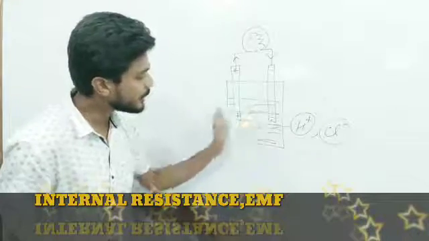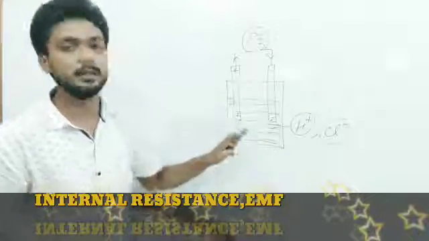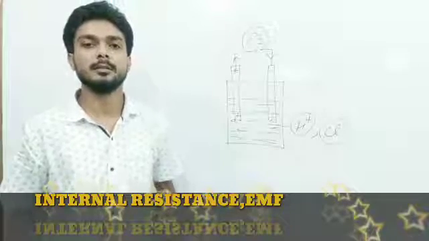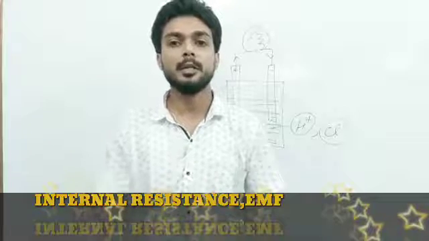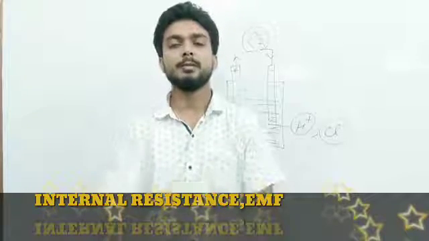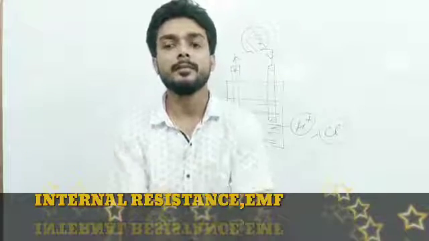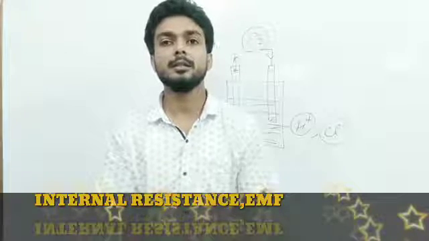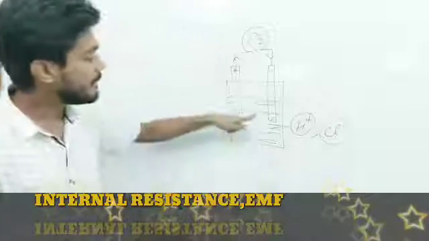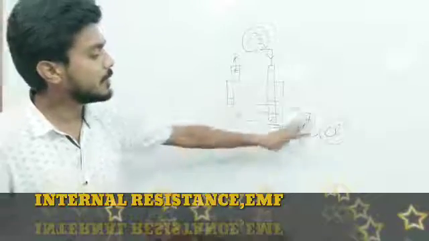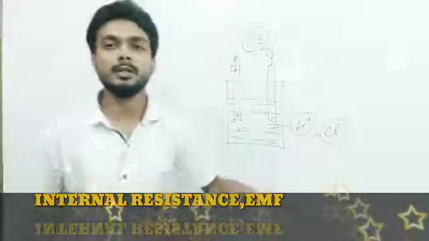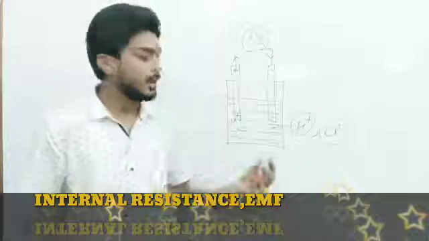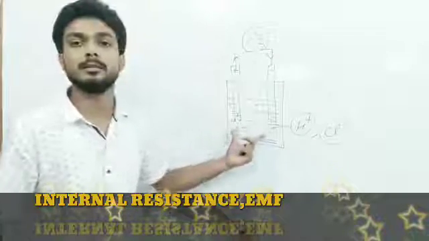Due to this exchange of ions there will exist a resistance, because we know very well that when charges flow, then they collide with each other and with atoms and molecules, and due to that there exists a resistance. Similarly here, when the charges of hydrogen and chlorine flow inside the cell, they will collide with each other and with atoms and molecules, and there exists a resistance.